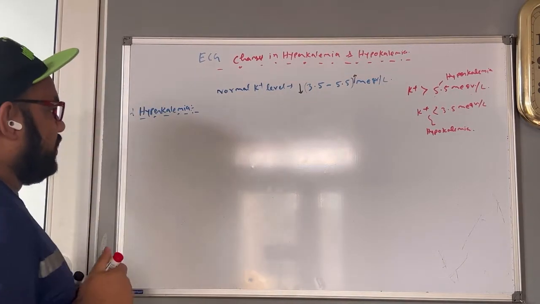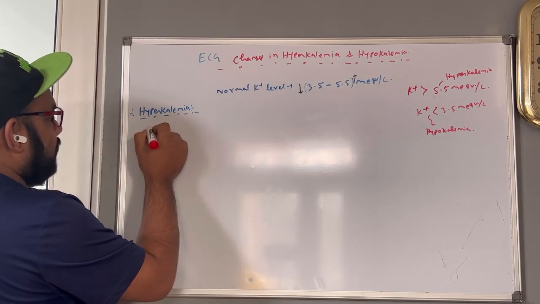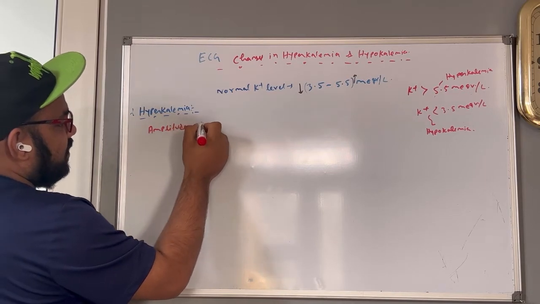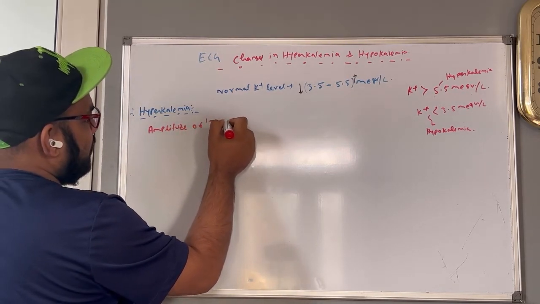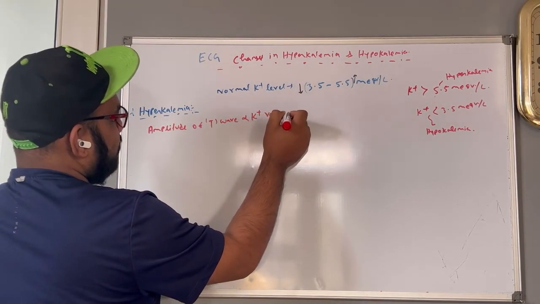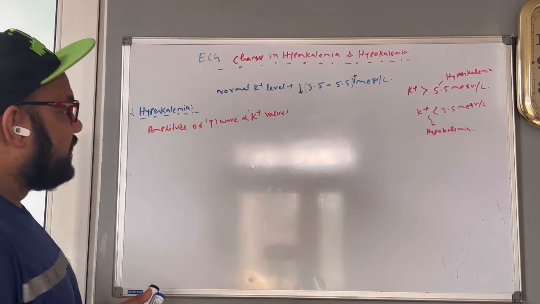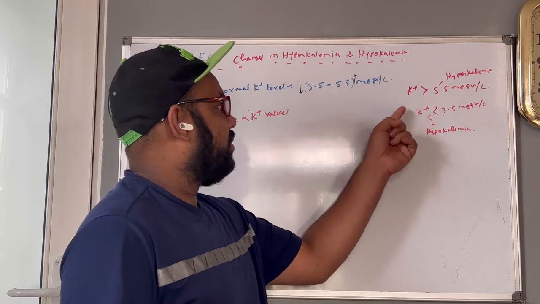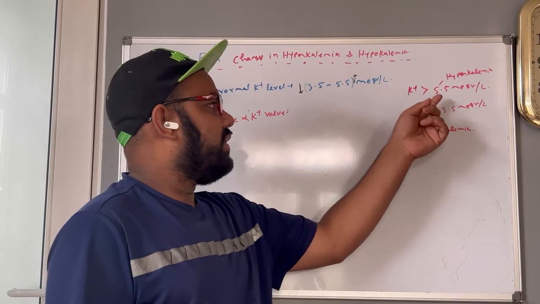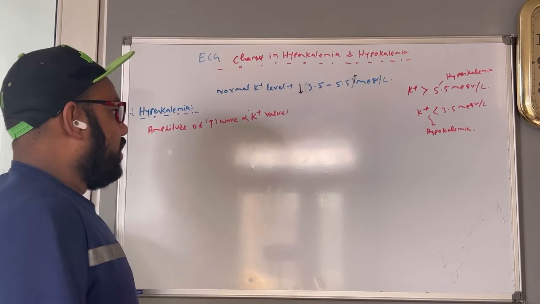Now one thing we need to know is that the amplitude of the T wave is very important. The amplitude of the T wave is proportionate to the potassium value. So if we get more than 5.5 milliequivalent per liter for the potassium level, that will be regarded as hyperkalemia.